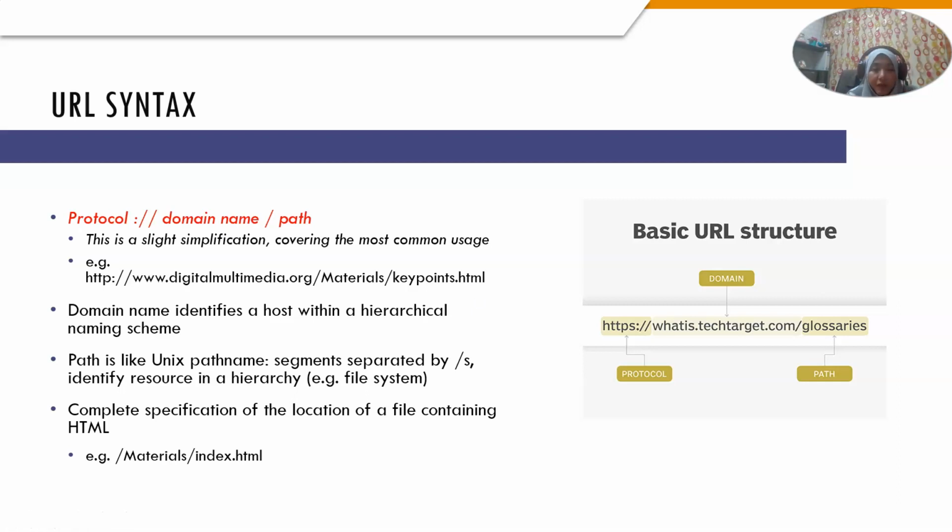Other than that we have ASP, PHP, JS, JavaScript, jQuery, Ajax, and so on. Those are the languages that we use to design our content for the web. So this is the structure. If you are not using the correct URL address, you cannot retrieve the information that you want in the server.